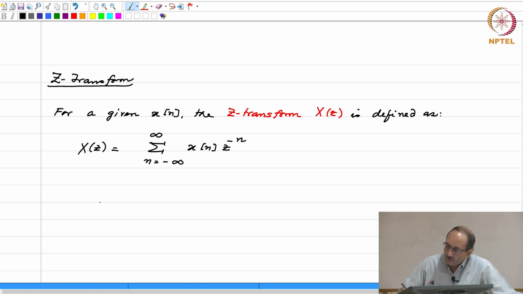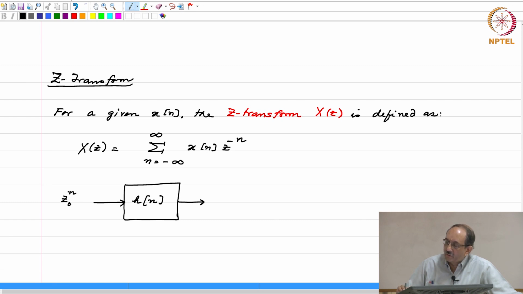So the way we would like to think of this is like this. Here we have a system, its impulse response is h of n.